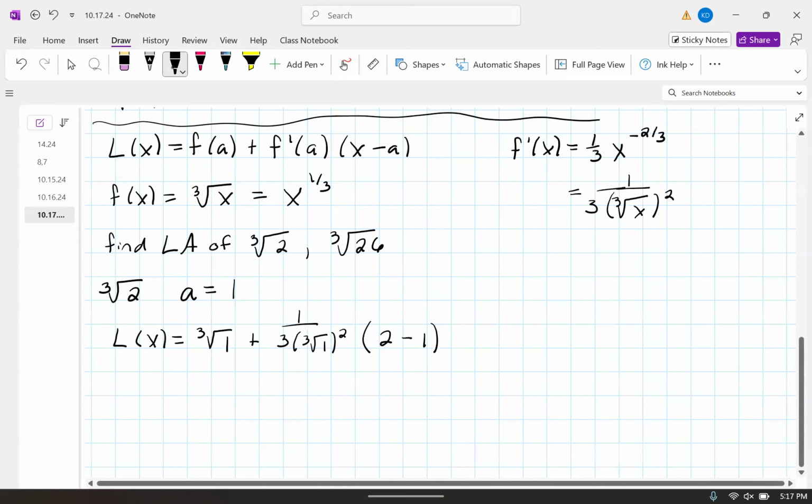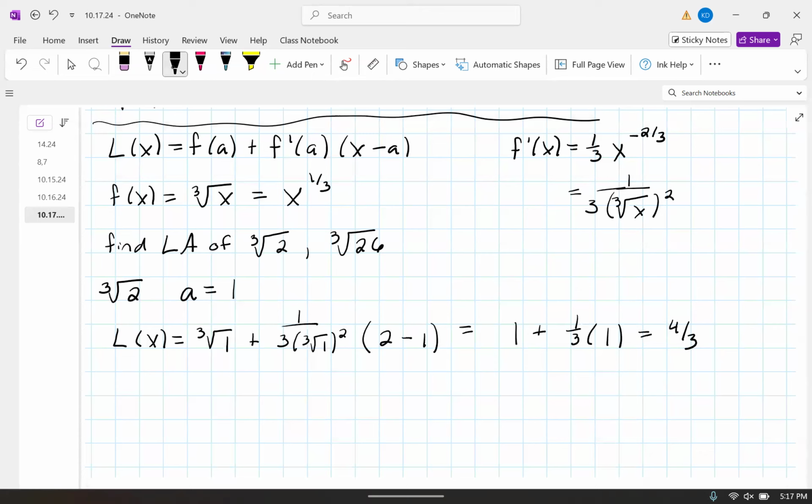Clean it up. I get approximately 4/3. Like our end value should be 4/3.